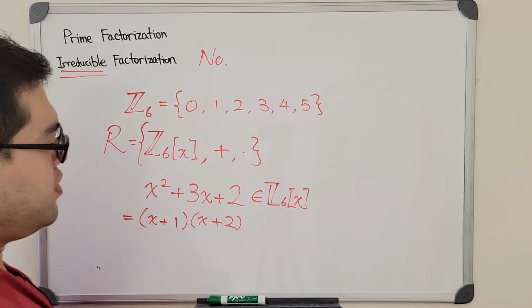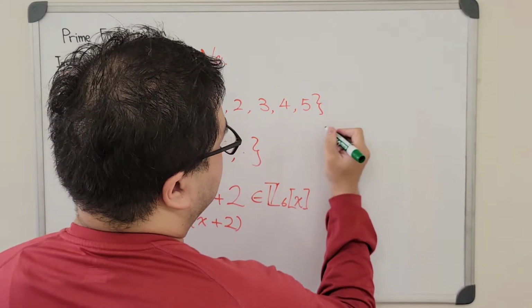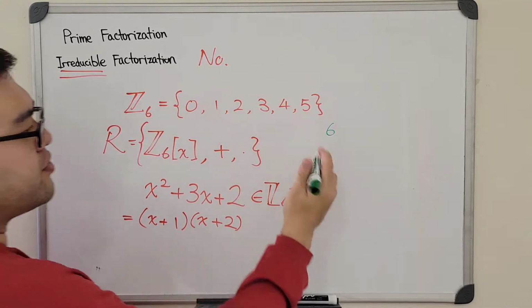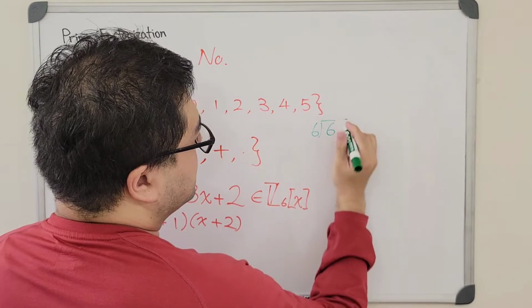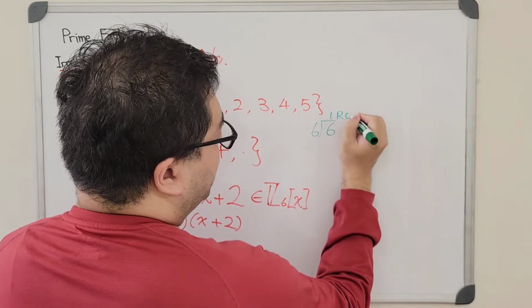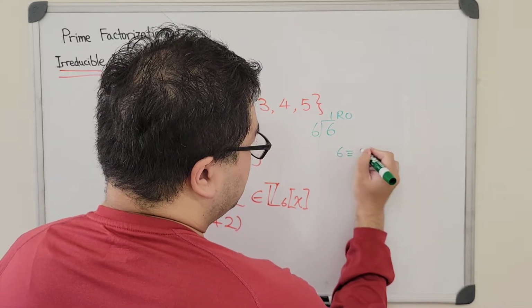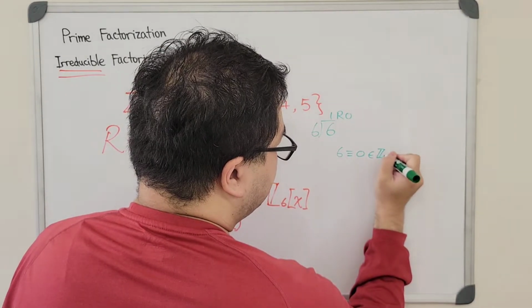For example, if we have positive 6, we know that 6 is not inside of here, but if we follow the definition, 6 divided by 6 is equal to 1 with no remainder, or the remainder is equal to 0. So we will say that 6 is equivalent to 0 in the ring Z6.